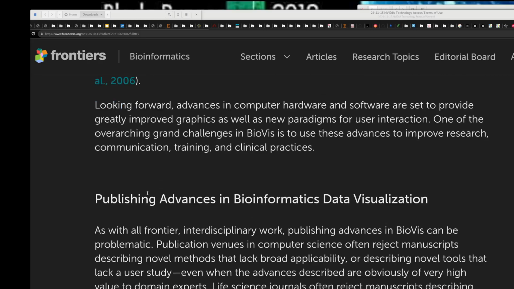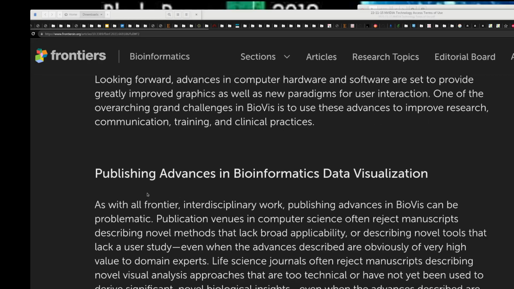Looking forward, advances in computer hardware and software are set to provide greatly improved graphics as well as new paradigms for user interaction. One of the overarching grand challenges in BioVis is to use these advances to improve research, communication, training, and clinical practices.